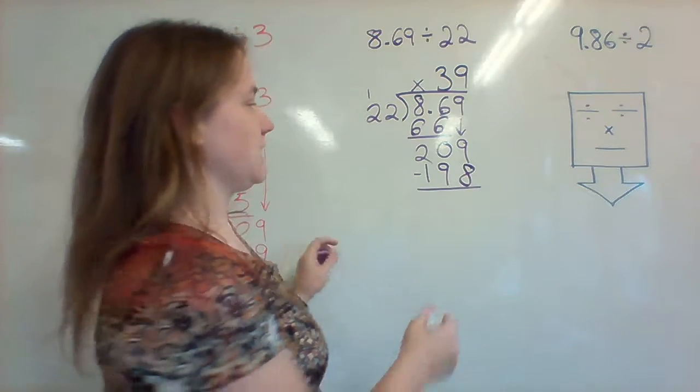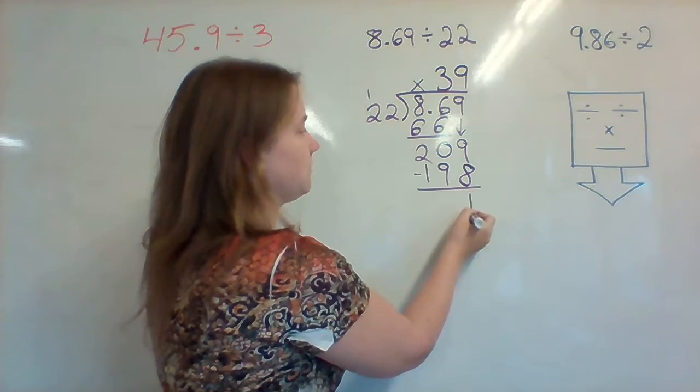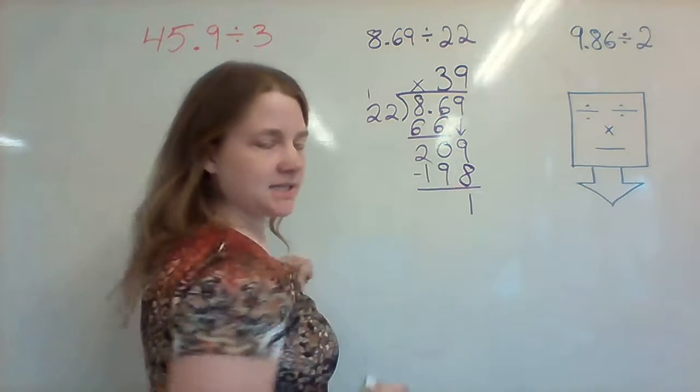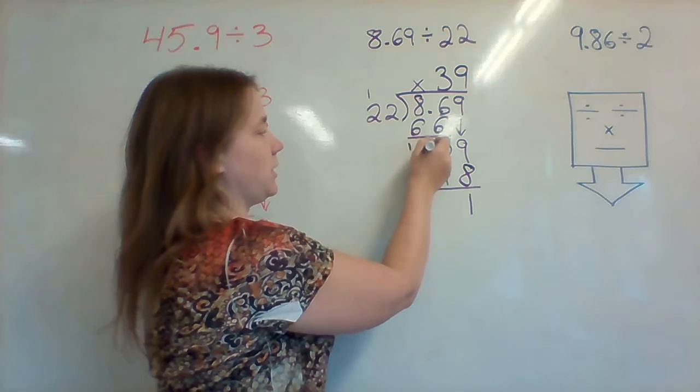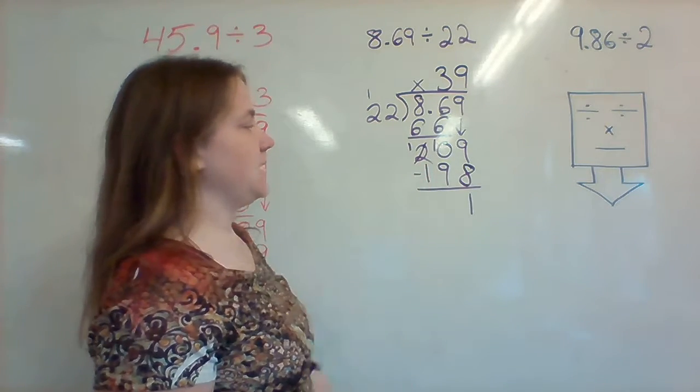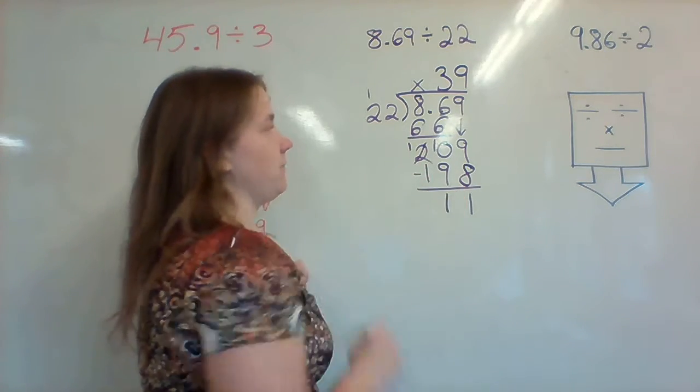And then when I subtract, 9 minus 8 is 1. 0 minus 9, I can't do that, which means I need to cross off the 2, put a 1, and borrow over. 10 minus 9 is 1.